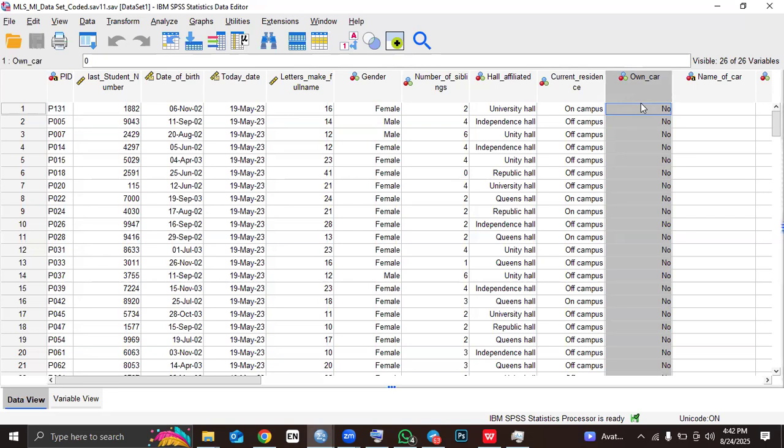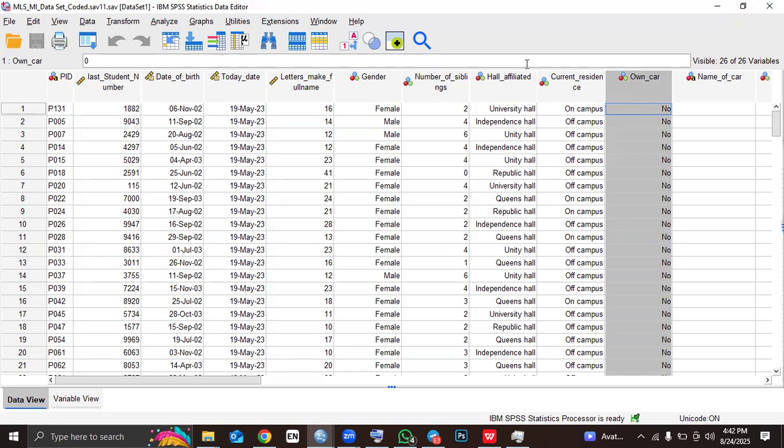We want to know if there's any association between them. Because these are two categorical variables, we can run a simple chi-square of independence test in order to determine the association.